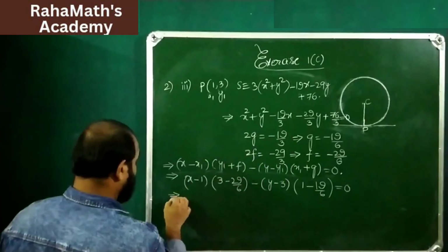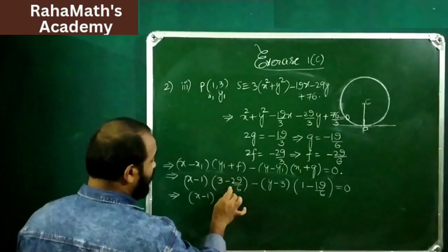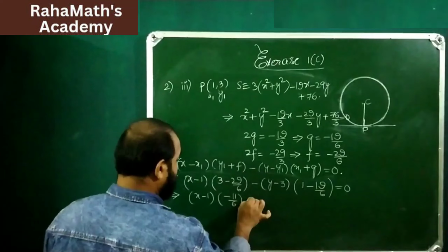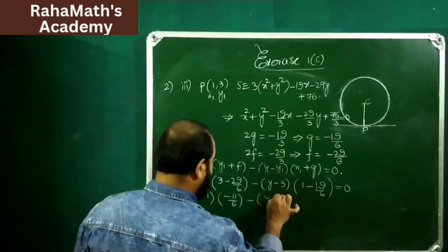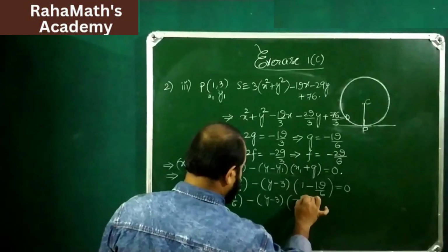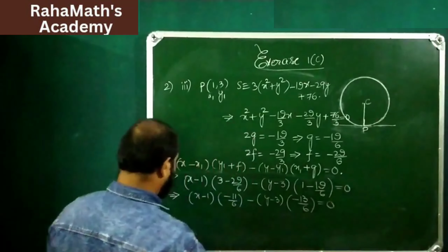So (x minus 1) times (3 6s are 18 minus 29, that is minus 11 by 6) minus (y minus 3) times (6 1s are 6 minus 19, that is minus 13 by 6) equals 0.